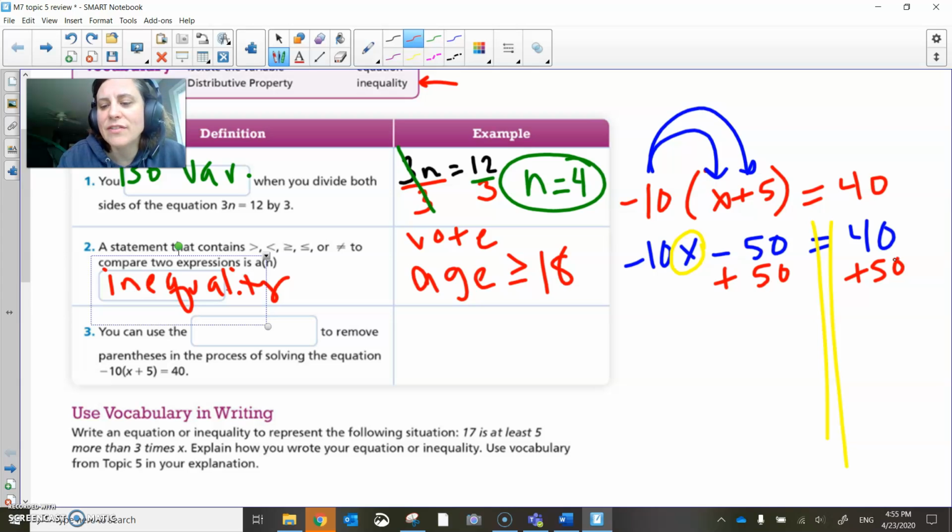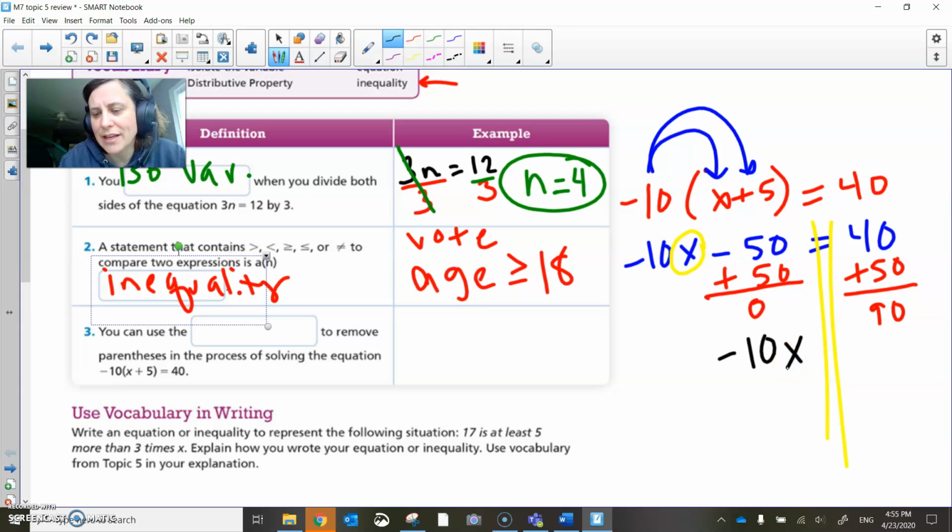If you put negative 50 and positive 50 together, you get 0. 40 plus 50 is 90. Now when we rewrite this, which a lot of people don't like to do, but you need to do this, we end up with negative 10x, and then there's a 0 in there, so we can leave it out, equals 90. And again, our focus is to get this x by itself.